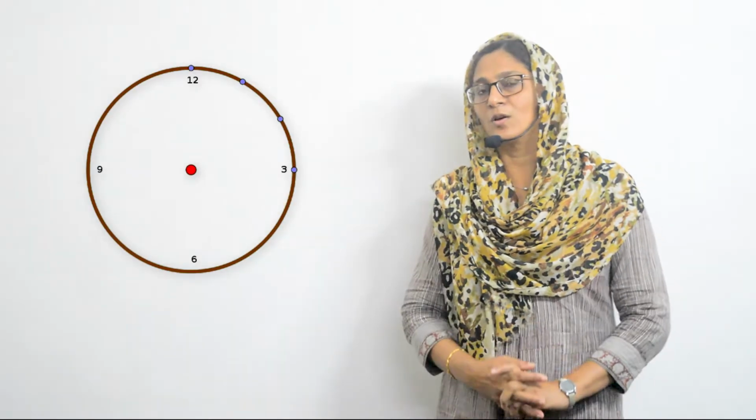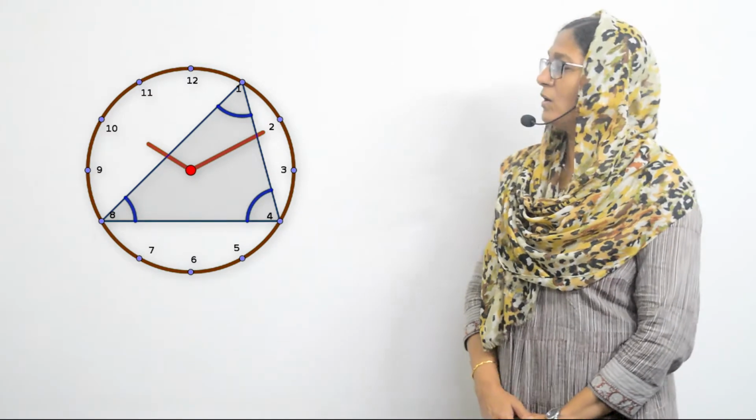Now here is an interesting question. Shown here is a clock. The numbers 1, 4 and 8 are joined together to form a triangle. Calculate the angles of this triangle. A clock is circular, isn't it?